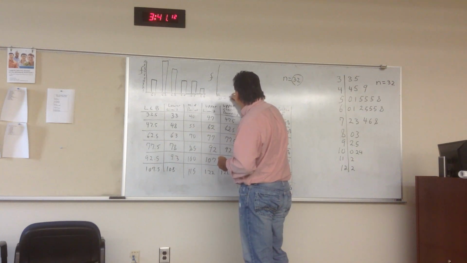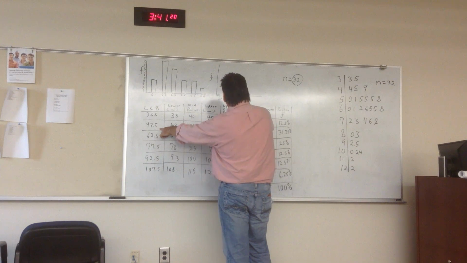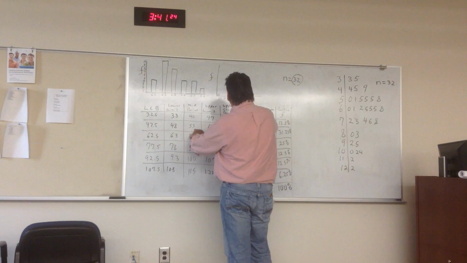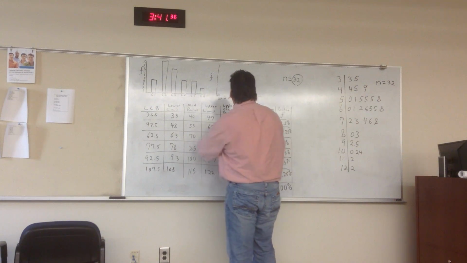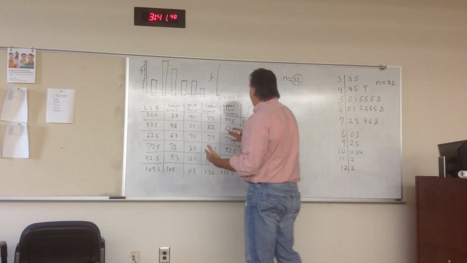Well, our next class is going to have a lower class boundary of 47.5, midpoint of 55, and an upper class boundary or lower class boundary of the next class of 62.5. So now our data is not going to have any gaps in it.